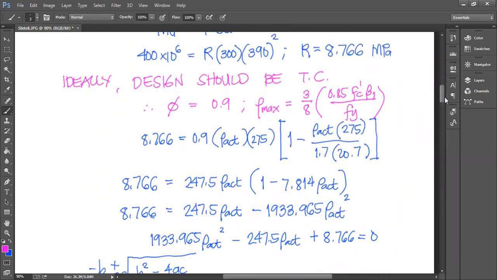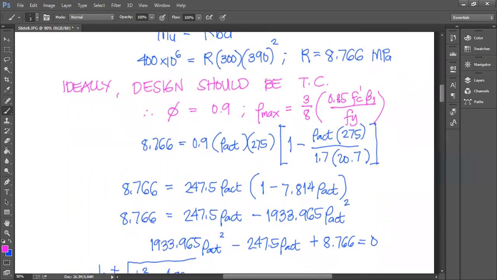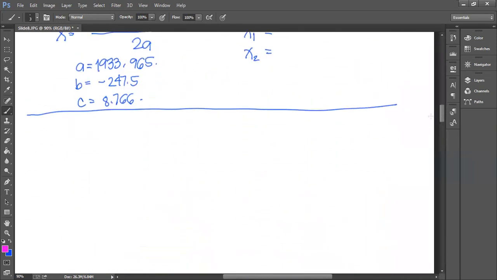Since ang ideal natin na design should be tension controlled, kailangan yung raw maximum natin would be used as this one. So, to prove, meron tayong singly reinforced beam with raw maximum as reinforcement. Kailangan mag-arrive tayo na yung ultimate moment natin is less than or equal to the moment capacity due to the singly reinforced beam with raw maximum as reinforcement.